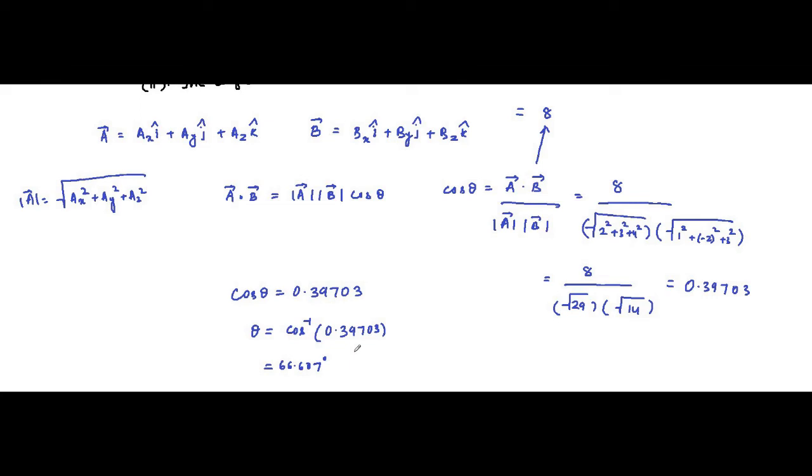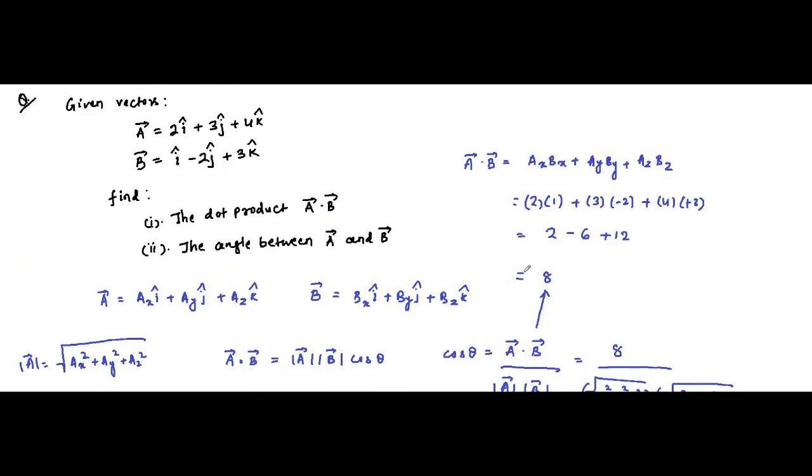That is the angle between the two vectors, a vector and b vector. So this is the second part of the question, and this is the first part of the question which was asked.